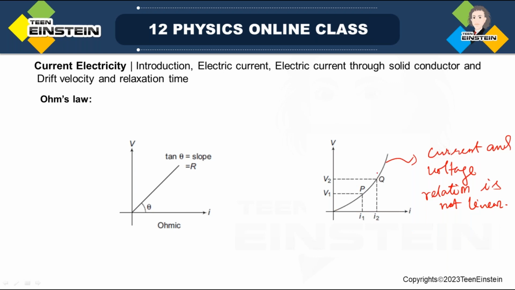So this is a non-linear curve, which is passing through the origin, but the curve is non-linear, whereas this is a linear curve.